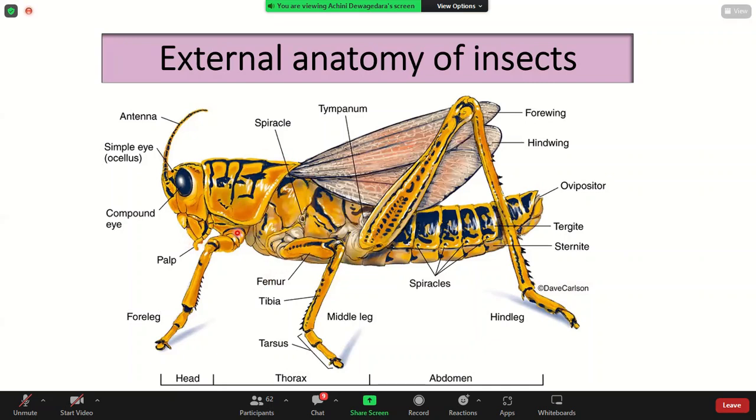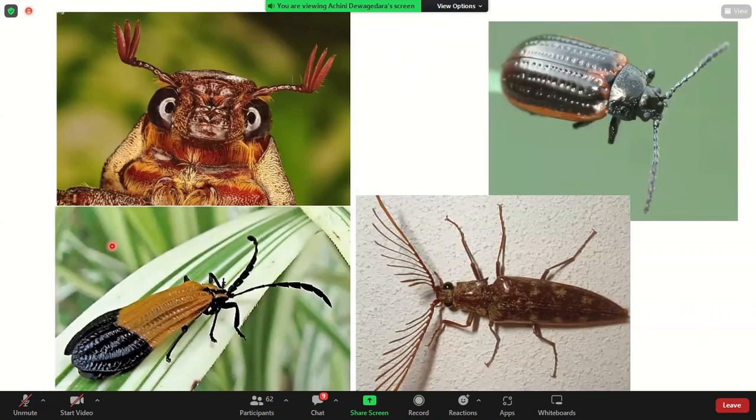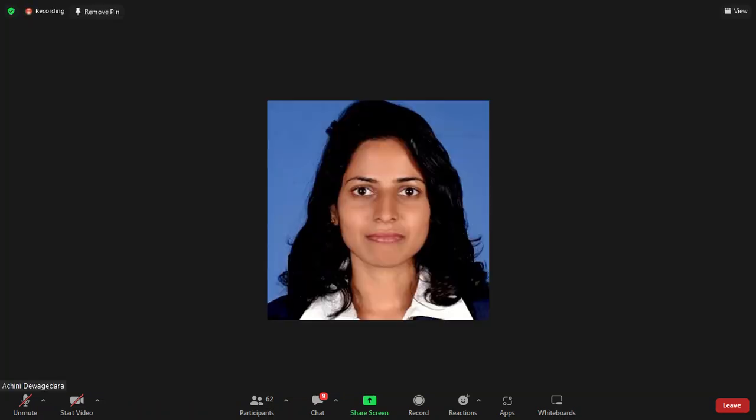And in the thorax, we discussed the legs and the wings. And in the abdomen, we discussed the ovipositor. And altogether, we also discussed the exoskeleton. Right? So the first section is over. Do you have any questions?